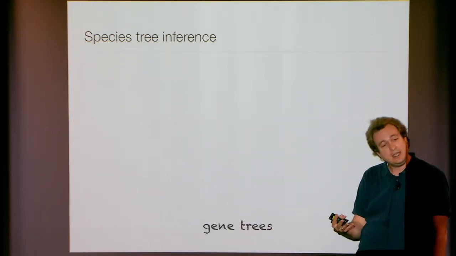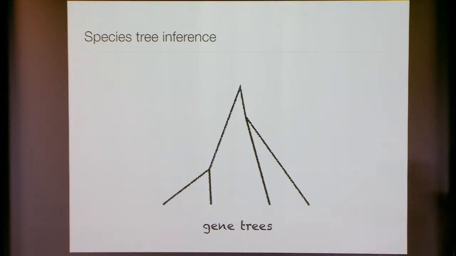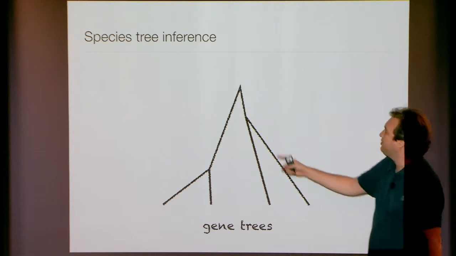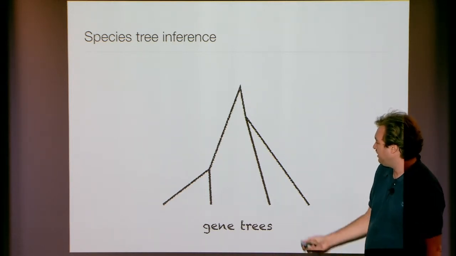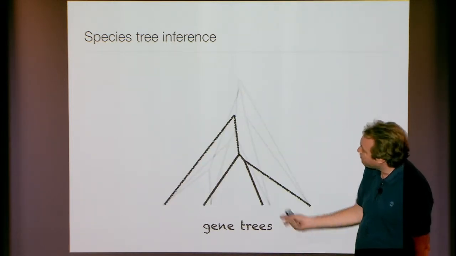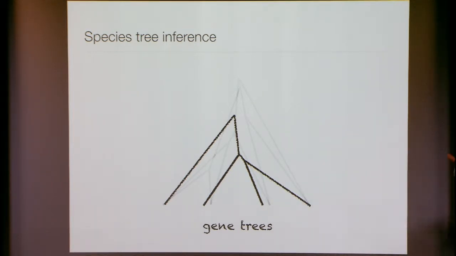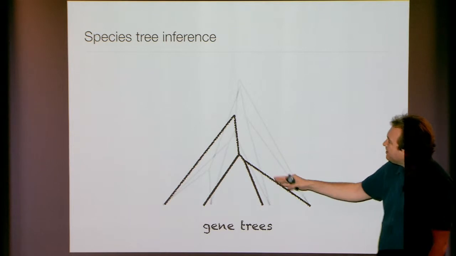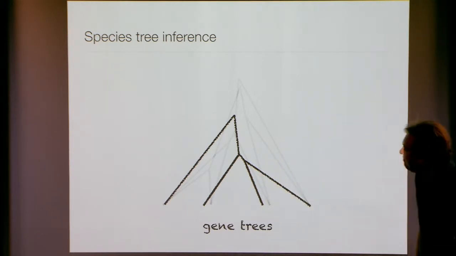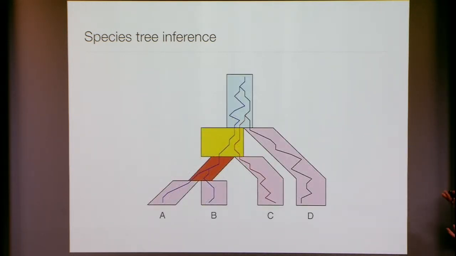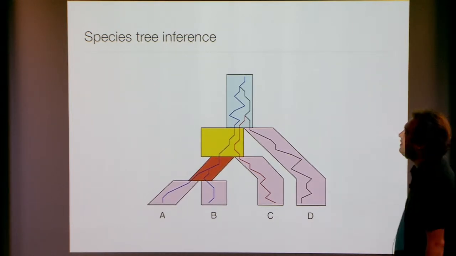So for each gene, I'm going to reconstruct from sequence data a particular topology and branch lengths, and I'm going to do this for different genes, and different genes might give me different things. And now with this collection of gene trees, this cloud of gene trees, my goal is to try to recover the population, the species history. Okay, so the original species tree.